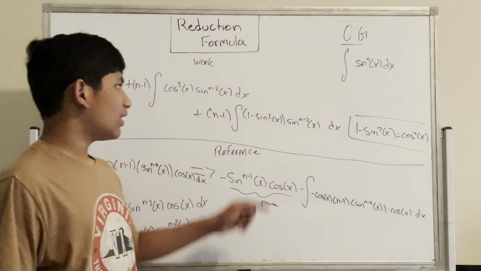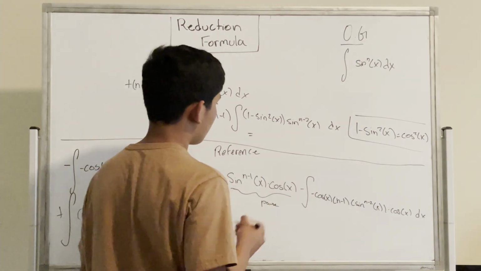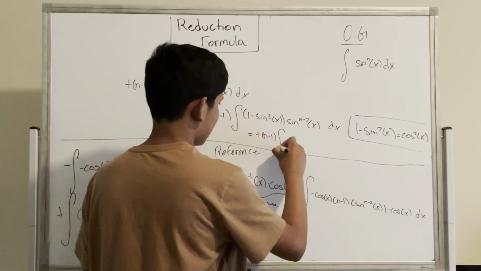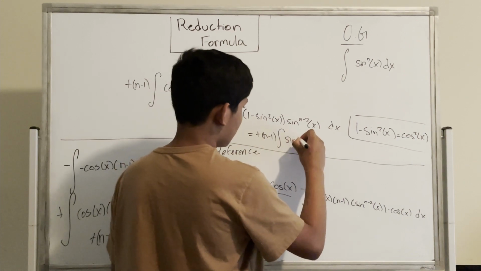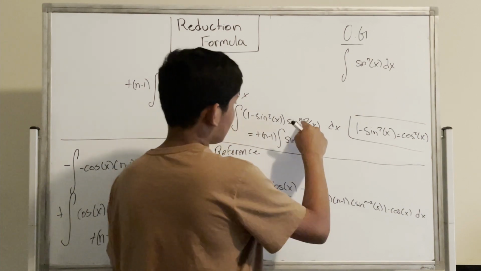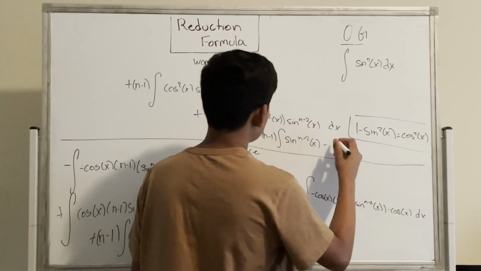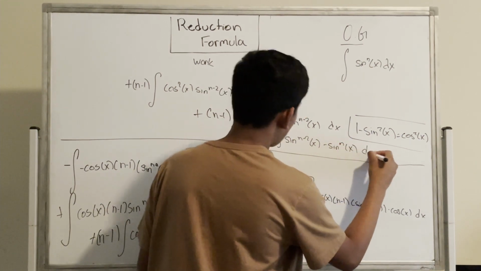Okay, if we do this, we can distribute now. So as you can see, over here we'll get plus n minus 1 the integral of sine n minus 2 of x, and then minus, since we're multiplying these, we can add the exponents, then we just get sine n of x dx.